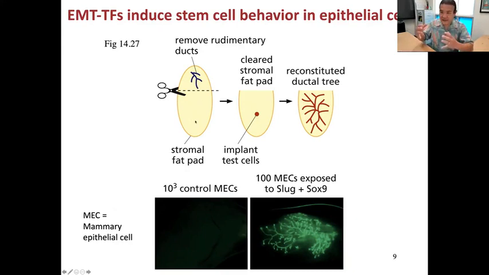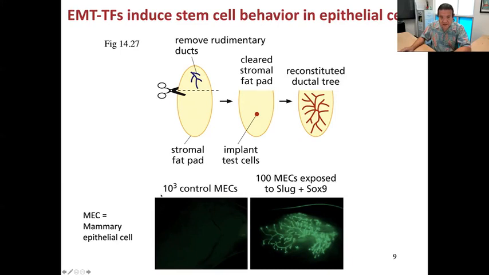And so it provides a nice sort of stromal environment that you can now do some experiments and put different epithelial cells into. So they've taken away the ducts, for example, that exist in the stroma. And then they go ahead and they implant some test cells in here and see, can these cells go ahead and grow into a new set of ducts, right?